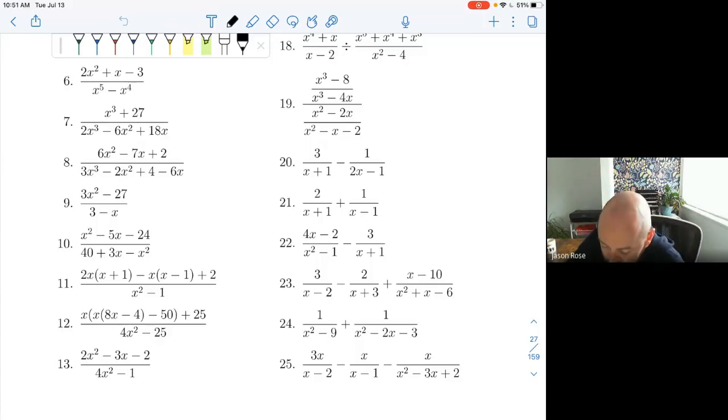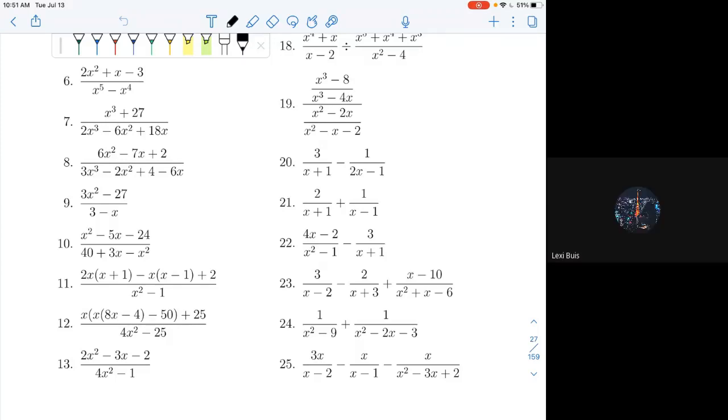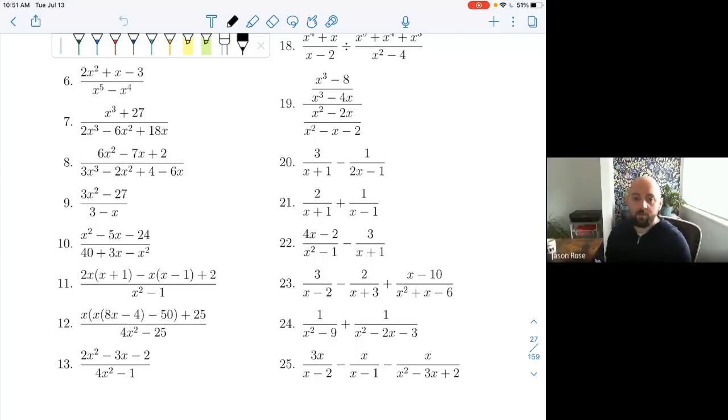Lexi, do you want to pick one of the questions from, say, 20 to 25 for us to cover in class today? 20. Okay. So I better write it down somewhere before I move on. 3 over x plus 1. So this is just from the exercise section. You can practice the rest of them yourselves.